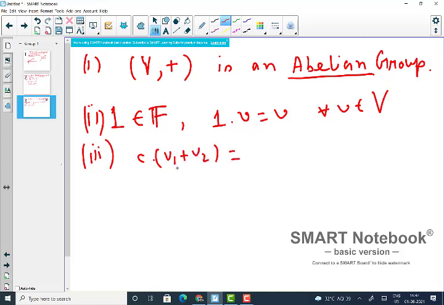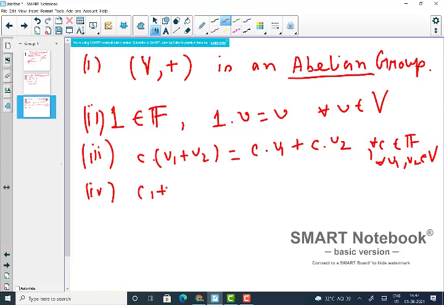If you first take the addition and then do the scalar multiplication, it is the same as first doing the scalar multiplication and then the addition. This is true from both sides, for all c belonging to the field F and for all v1, v2 belonging to the non-empty set V. Similarly, for any constants c1, c2, they satisfy c1 dot v plus c2 dot v.